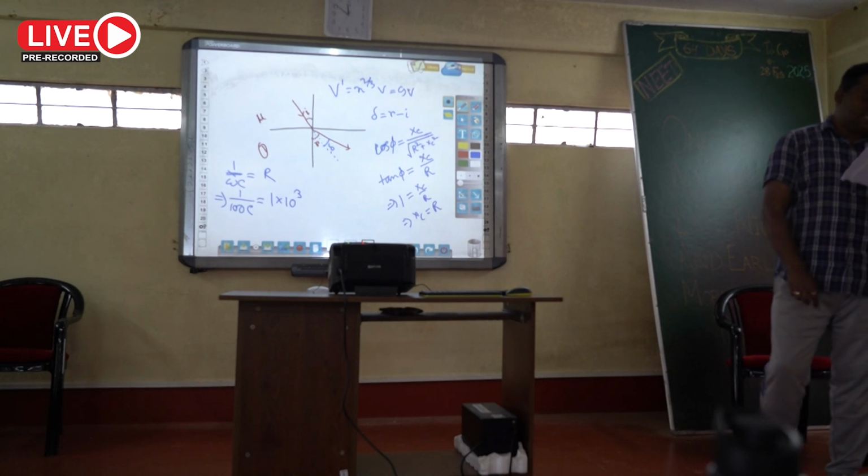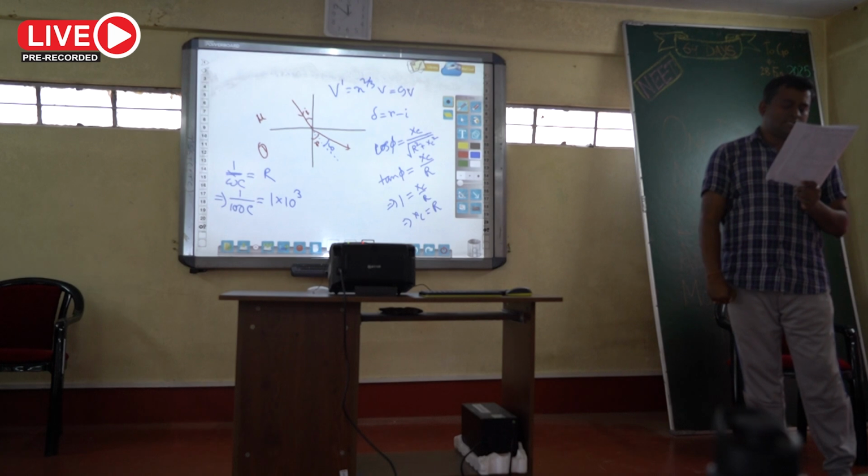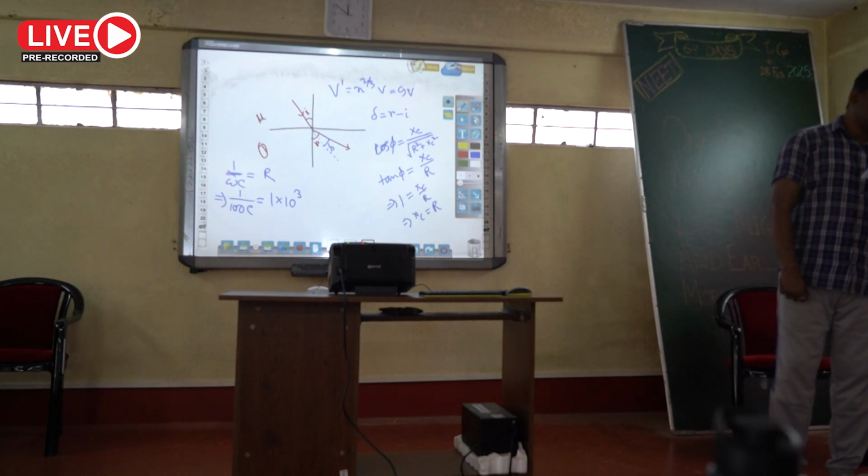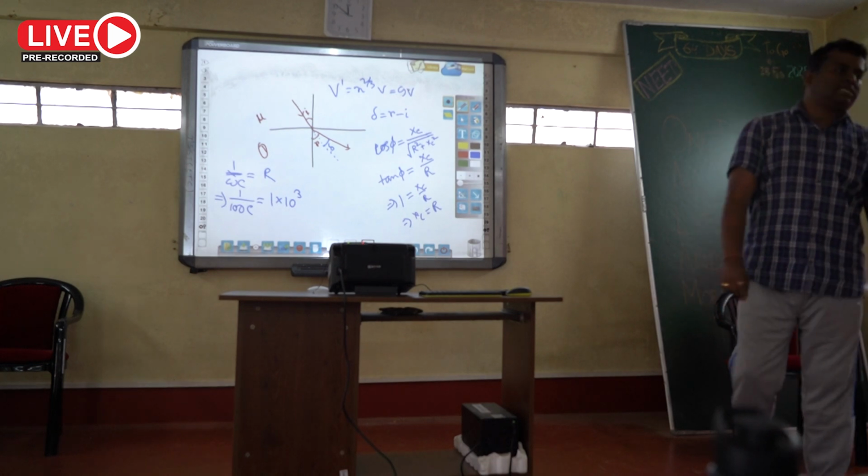Question number 88. What is the radius of the circular orbit of a stationary satellite which remains motionless with respect to the Earth? You have to calculate the radius of the geostationary satellite.